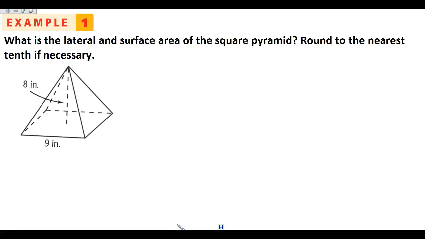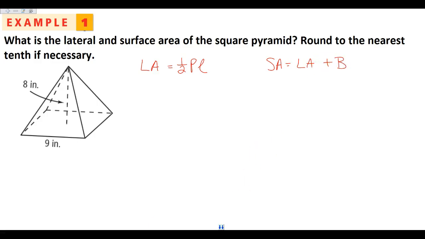And I want to find the lateral area and the surface area of the pyramid. So when I look at lateral area, okay, my formula is 1/2 perimeter of the base times slant height. And then for my surface area, it's going to be my lateral area plus area of the base.